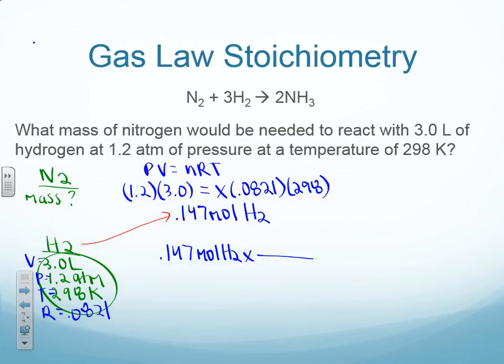In order to get to mass of nitrogen, first I've got to go moles of hydrogen to moles of nitrogen. So ratio of coefficients. So this is just like the solution stoichiometry. Right, and I'm going to go to the balanced equation, of course, to get my coefficients. So 3 for hydrogen, 1 for nitrogen.